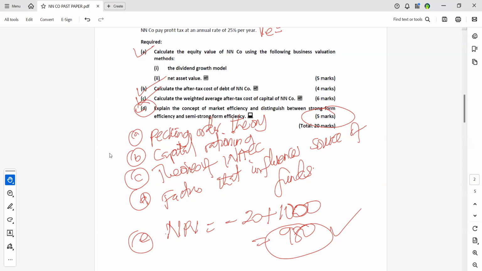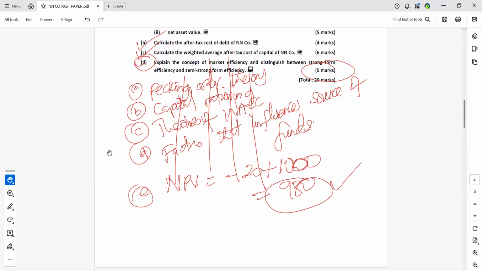Then the theories of WACC, the factors that influence the source of funds. These are questions that we have looked at over and over again. That is information to the students who are prepared and want to give the exams a bash.